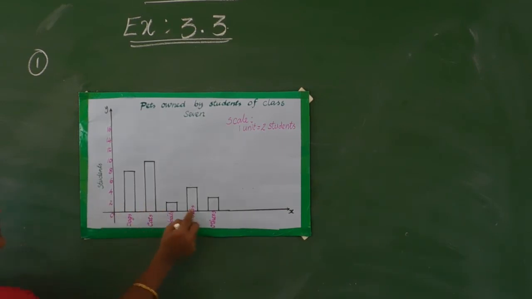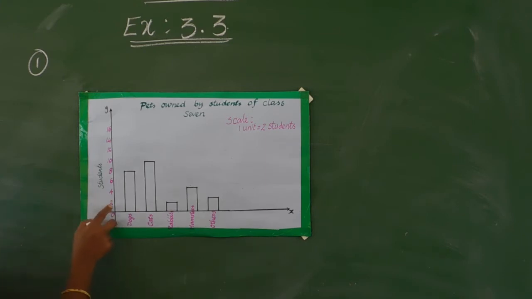On the x-axis, each box represents a pet animal. Likewise on the y-axis, each box is given numbers according to the question. Here the graph itself gives 2, 4, 6, 8, 10. The x-axis and y-axis intersect at 0, which is the origin, and we always represent it as 0.